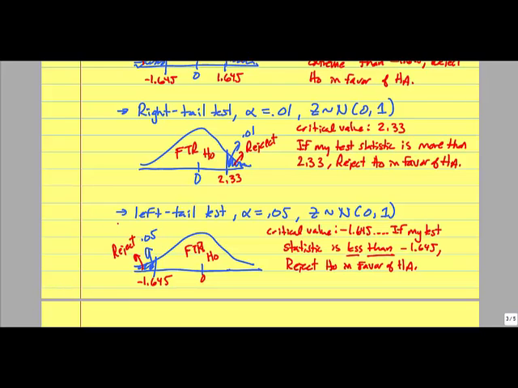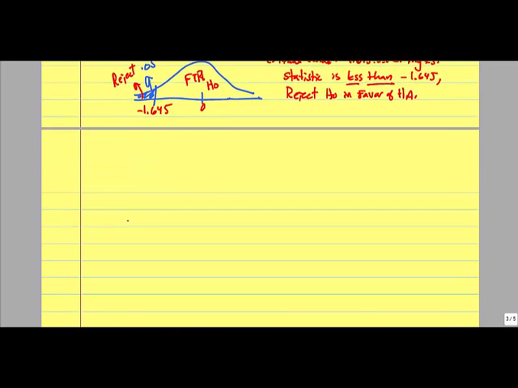Now, this is the classical approach to hypothesis testing. No matter what approach we use, the next step would be to calculate the test statistic. There are several different test statistics depending on the situation.